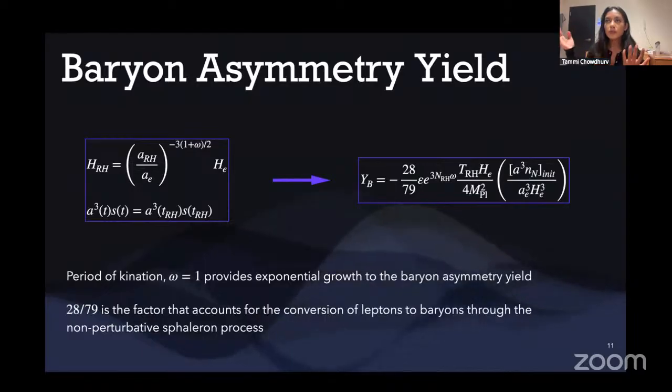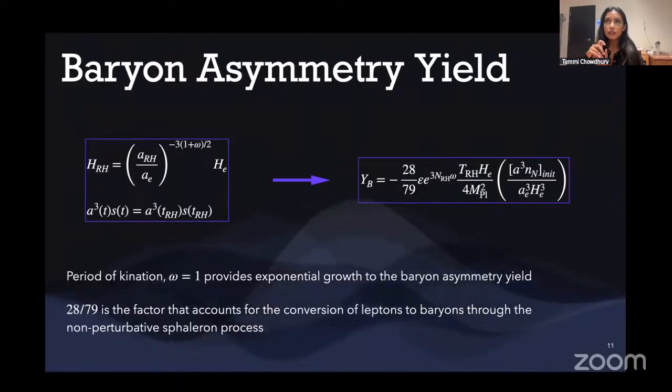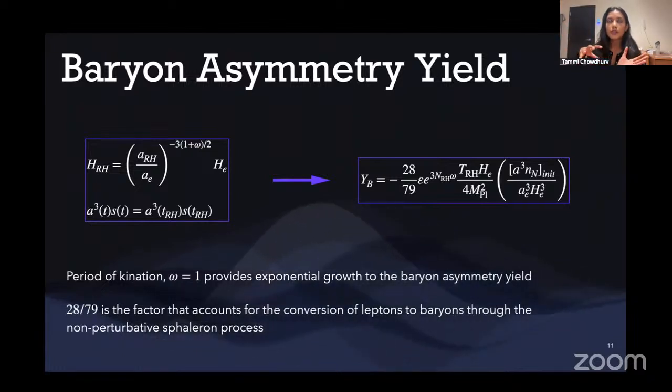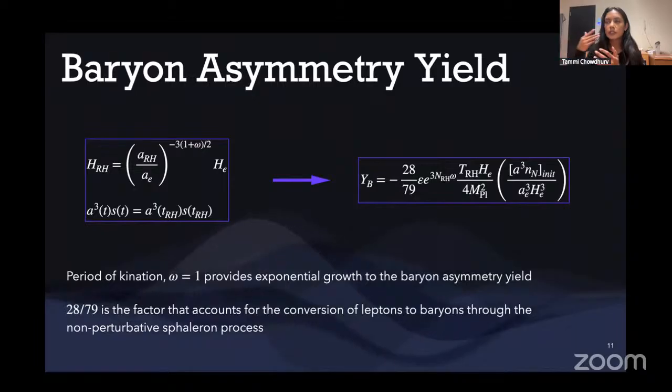The case where W is equal to 1 is essentially a kination phase. Kination is when all of the potential energy of the inflaton, the field that's driving inflation, is converted into kinetic energy. We don't necessarily have to have kination, but for our work, we suppose this and take W equal to 1.